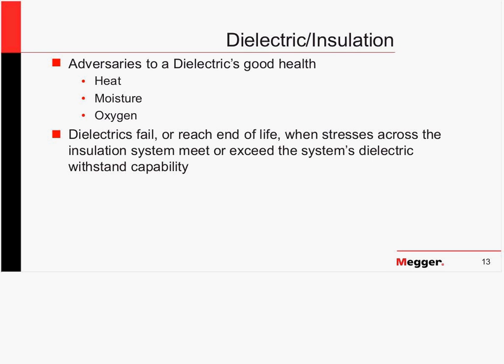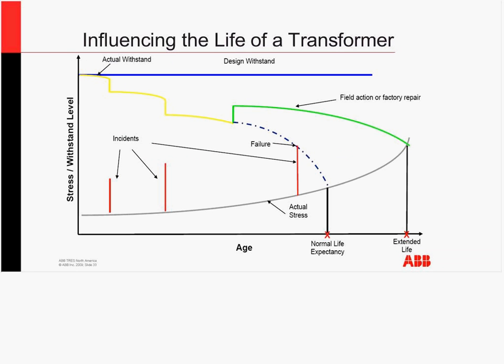But dielectrics are going to fail, the insulation system is going to fail or otherwise reach its end of life, whenever the stresses across the system either meet or exceed the system's ability to withstand that stress. So I really like this slide, so I've borrowed it here, because not only does it illustrate when you reach end of life or failure, but it also reinforces a concept that we have some control over when this happens.